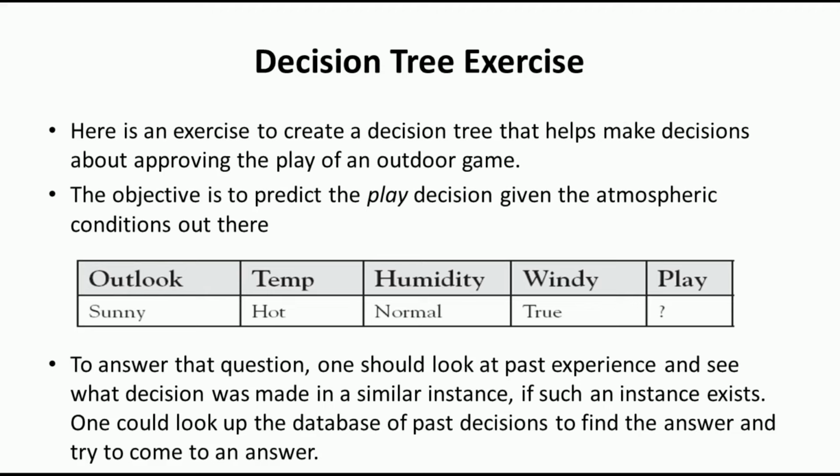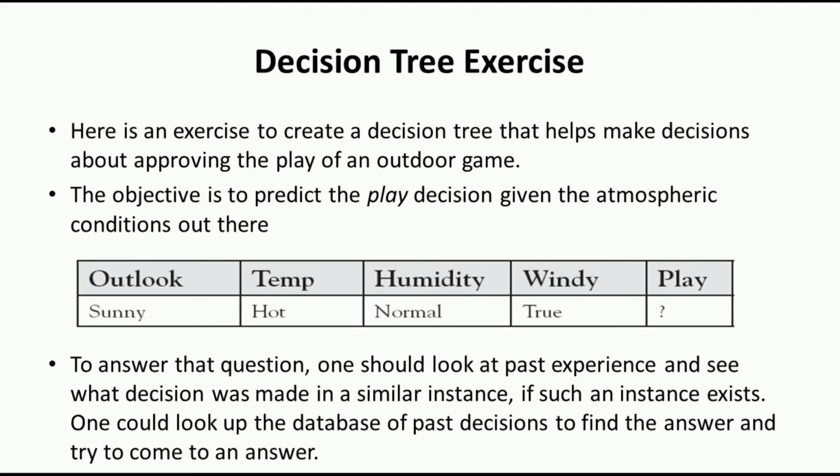Now we'll take one very simple example to understand how a decision tree works, and then we'll try to solve it numerically. Here we have one testing data. It's not actually the training data, it's a testing data. In this testing data, we are given 4 attributes or variables, outlook, temperature, humidity and windy, and each of them has some possible value, in this case sunny, hot, normal and true for the 4 attributes respectively.